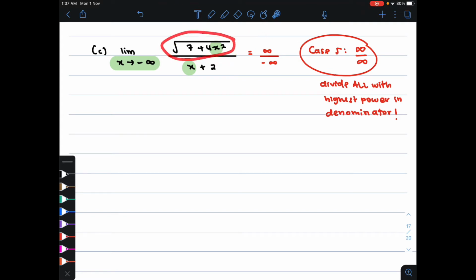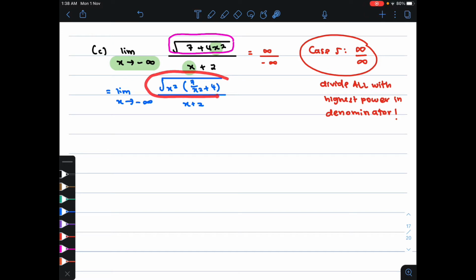As you can see, you can actually try to factorize this in order to get square root of x squared. When we factorize the numerator, we will get square root of x squared times 7 over x squared plus 4. So please make sure that you get square root of x squared.